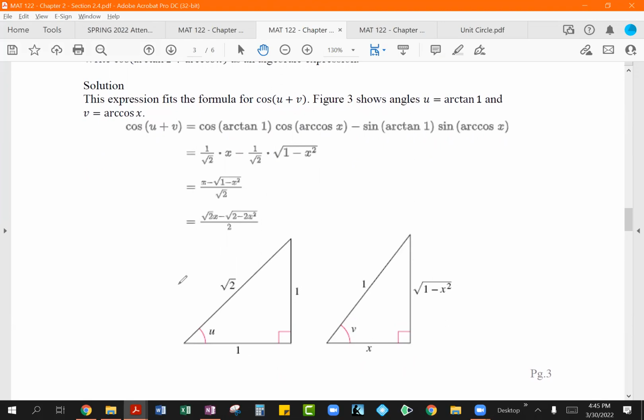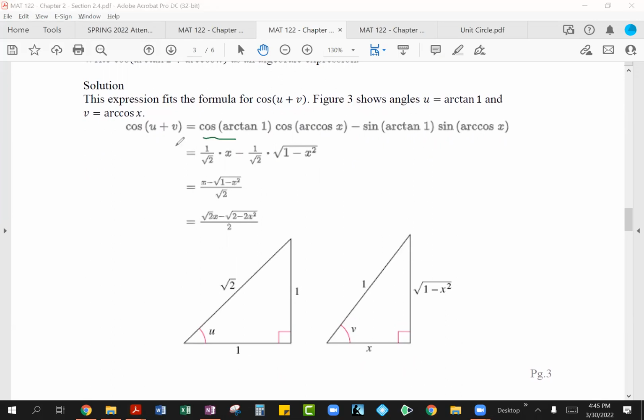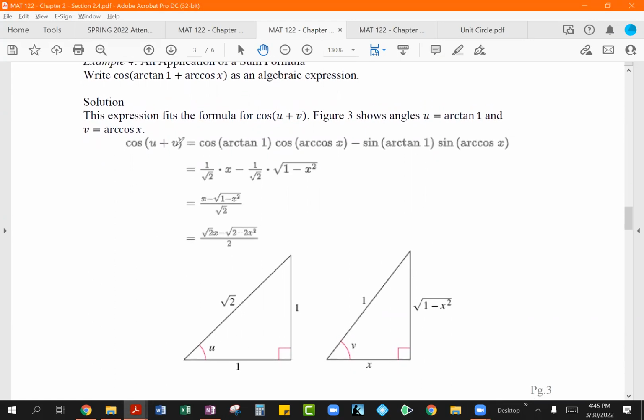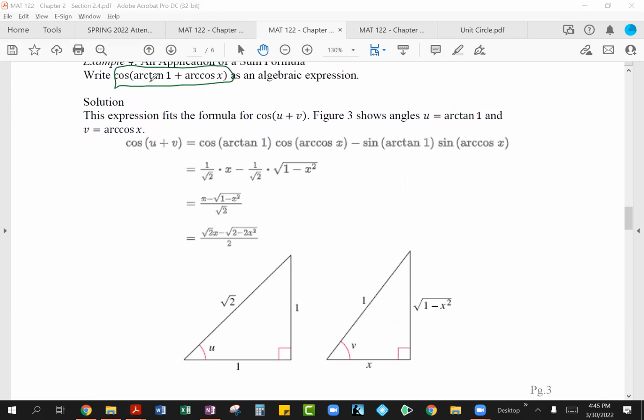So how this problem starts out is, you're given the expression. Hold on. Let's put that down to play. So this is the expression you are given. Of course you can see we can rewrite this as angle u, this as angle v. So you've got u equals arctangent of 1 and v equals arc cosine of x.